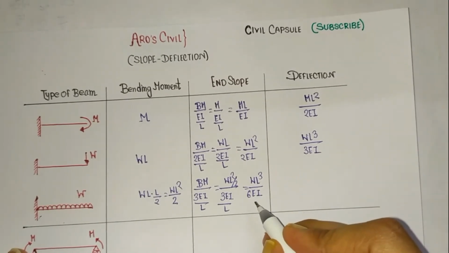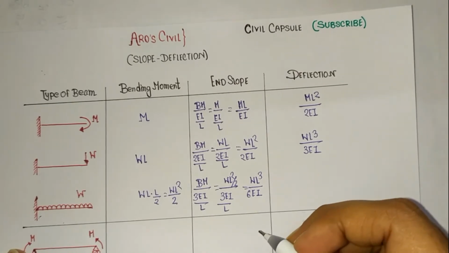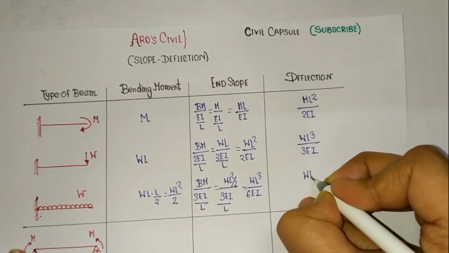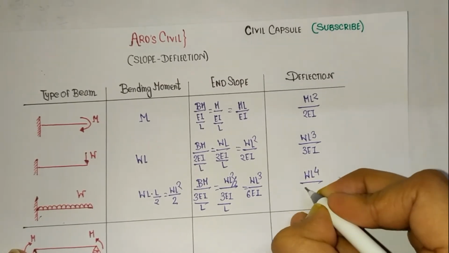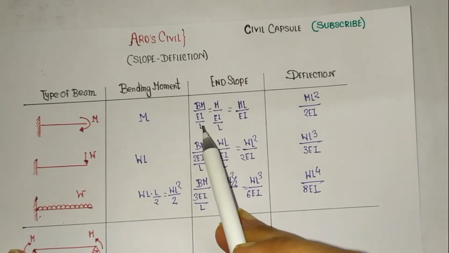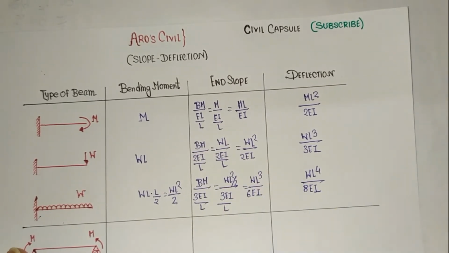This is the formula for end slope in this condition in a cantilever beam. Now for deflection the formula is W L to the power 4 by 8 EI. Is that clear that EI by L, 2 EI by L, 3 EI by L, gradually it is increasing.